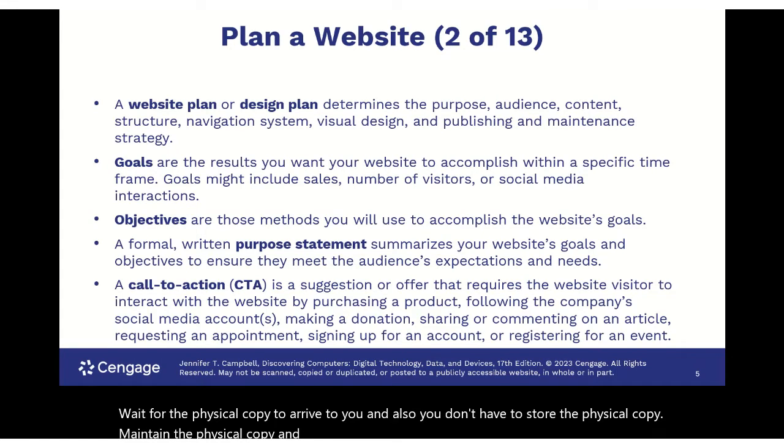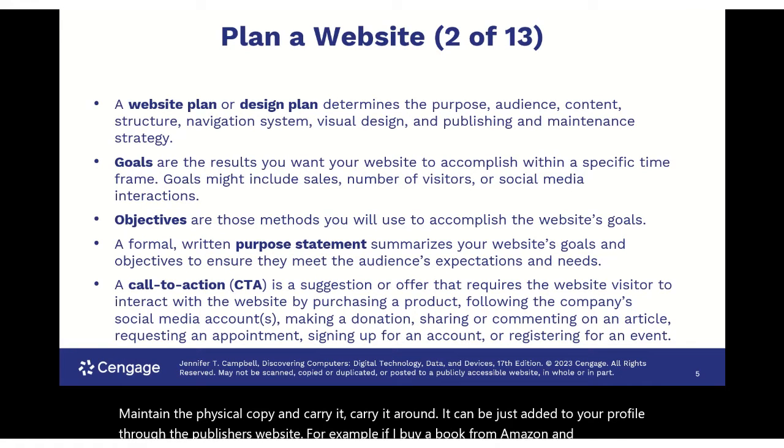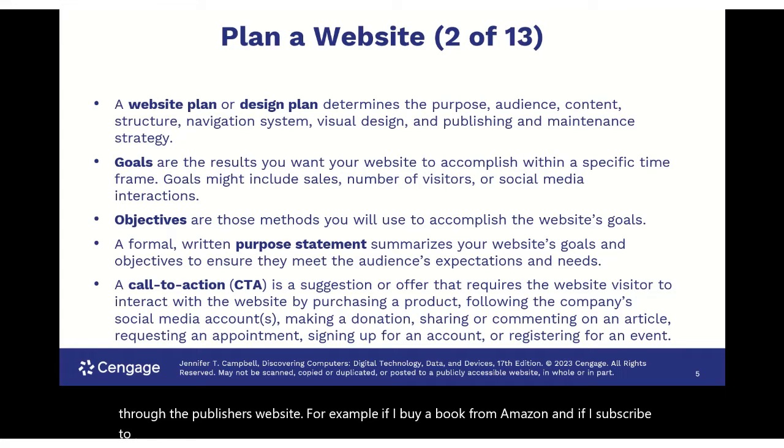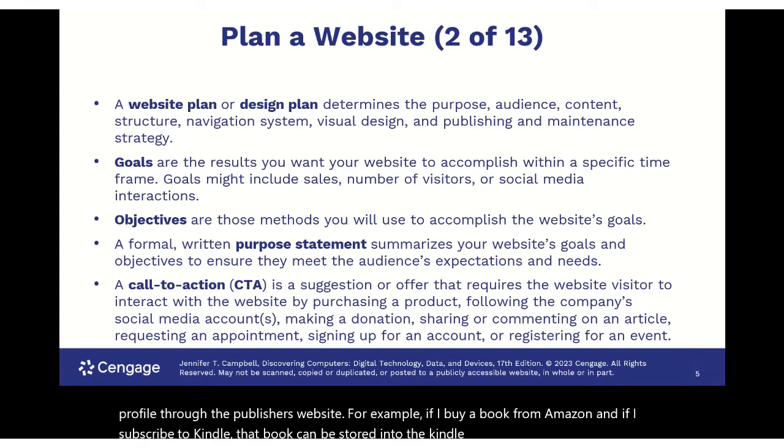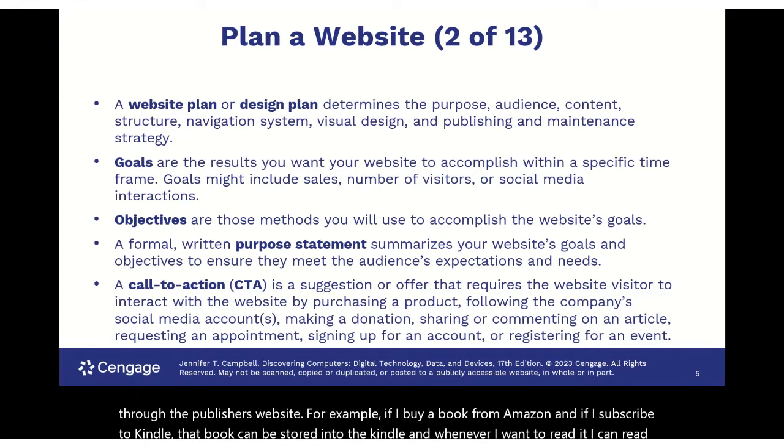It can be just added to your profile through the publisher's website. For example, if I buy a book from Amazon and if I subscribe to Kindle, that book can be stored in the Kindle, and whenever I want to read it, I can read it from there.